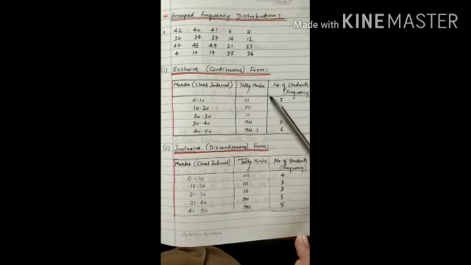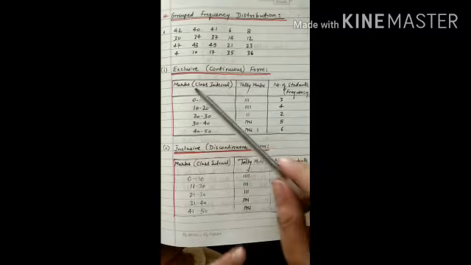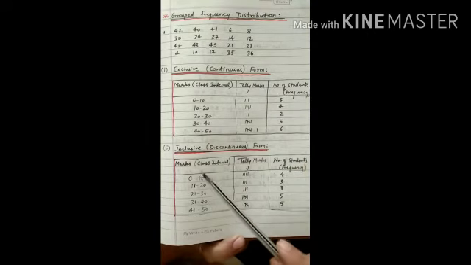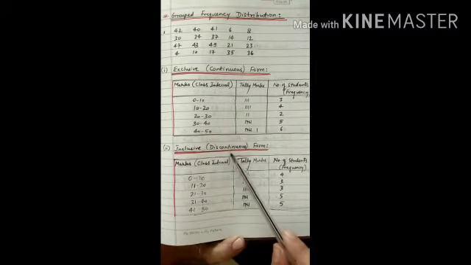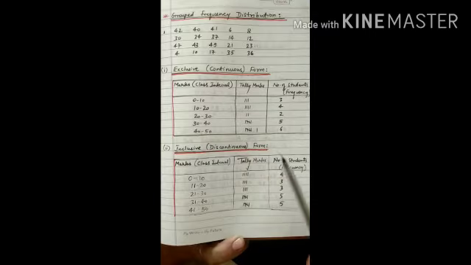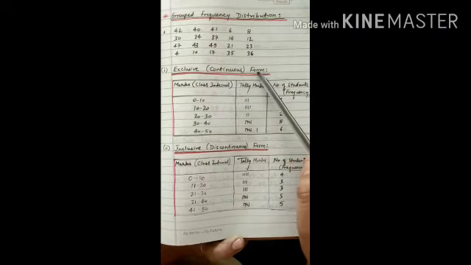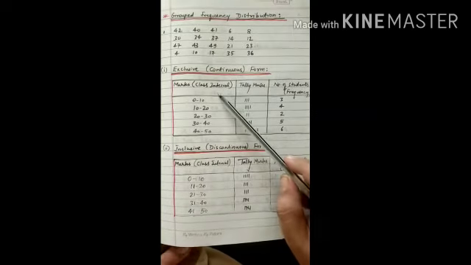There are two ways to make a grouped frequency distribution table. One is the exclusive form, which is known as continuous form. Another one is the inclusive form, which is known as discontinuous form. In the exclusive or continuous form, there will be three columns.